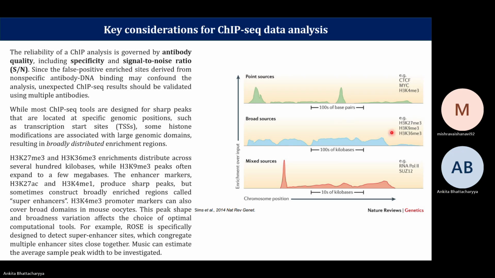You also have broad sources, where you do not see very polished peaks, but you can see enrichment over other sites, and that is seen for histone marks, like I just mentioned.